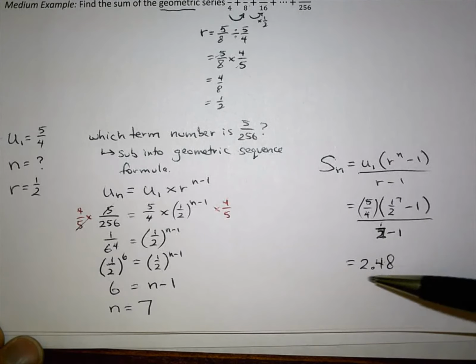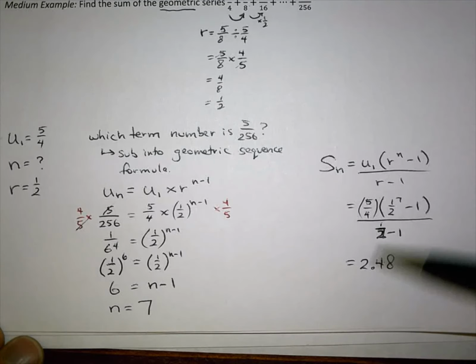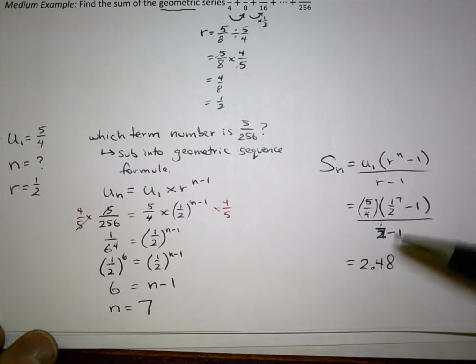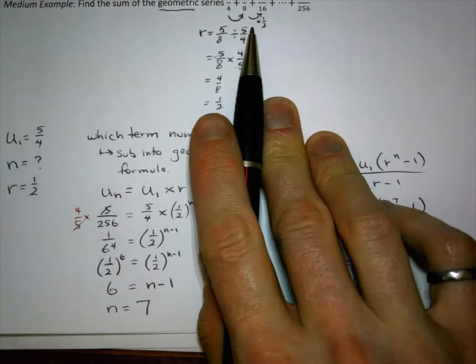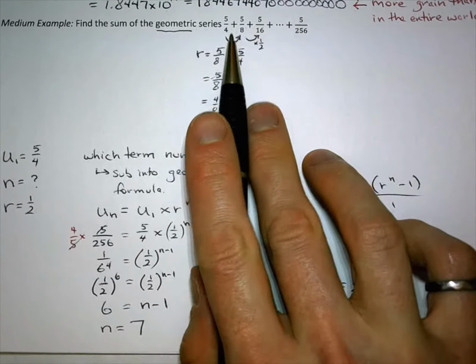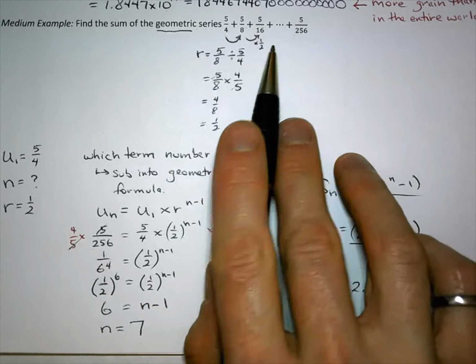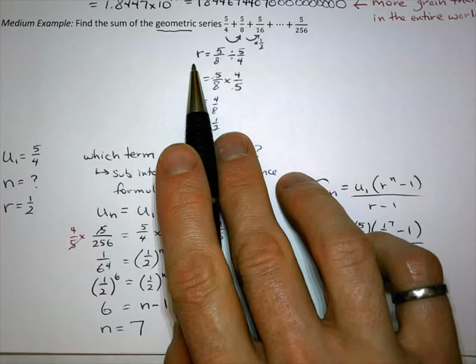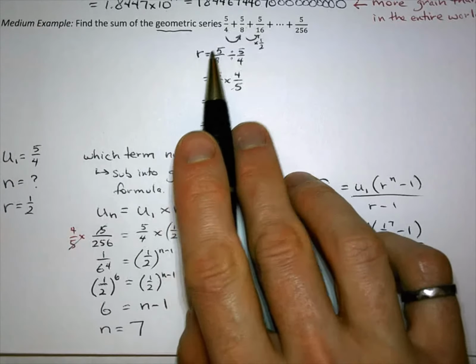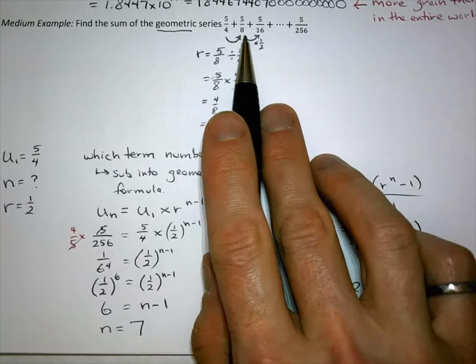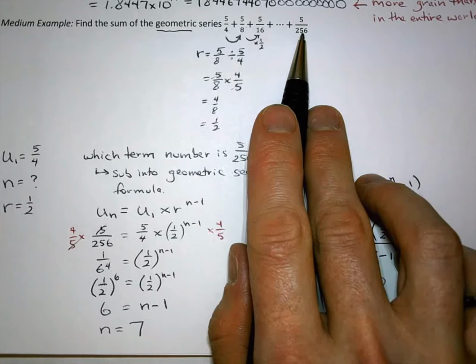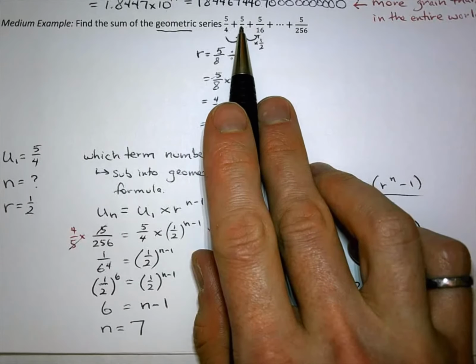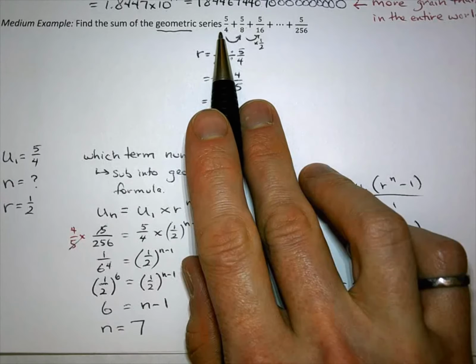And you'll notice this is a small number. So it's not necessarily true that all geometric series add up to a humongous number. And if you look at this, part of the reason why, and this is getting us ready for tomorrow's lesson, is the numbers aren't actually getting bigger. Because the r value is less than 1, and we talked about this a little bit before, it means that each term is smaller than the last. I mean, 5 out of 256 is a tiny amount of pizza compared to 5 out of 8 pizza, or even 5 out of 4.